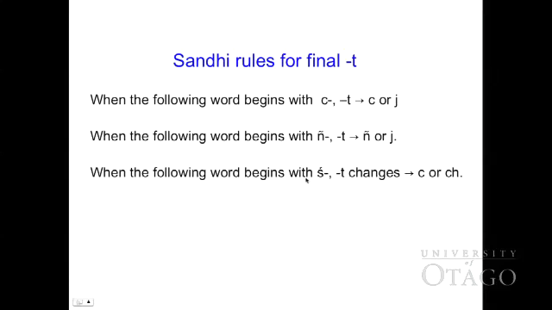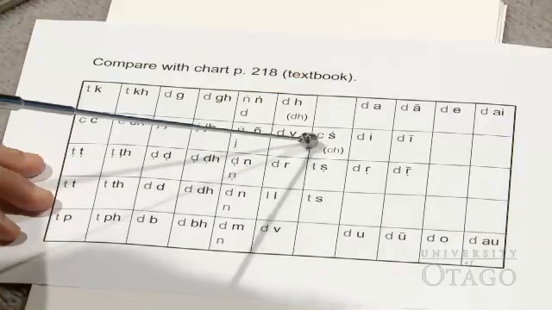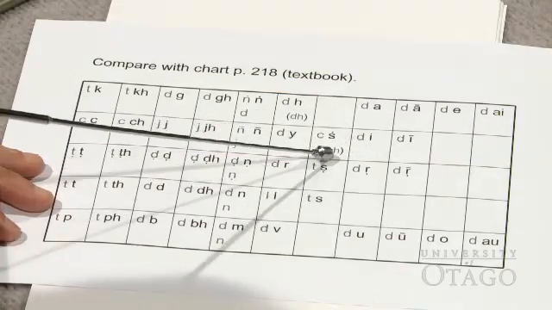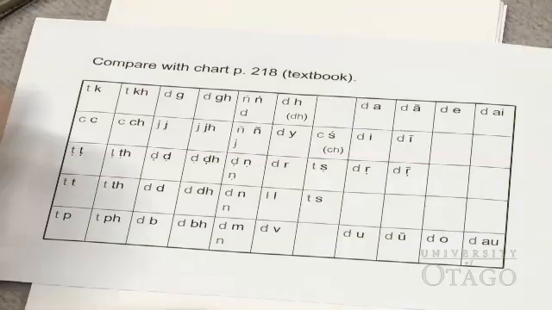And the last one, when the following word begins with sha, you change T to C or CH. S that will change to CH. Just see from this one. Change T to C and change S that to CH. Let's see example.